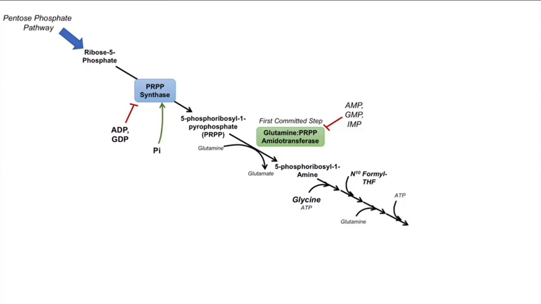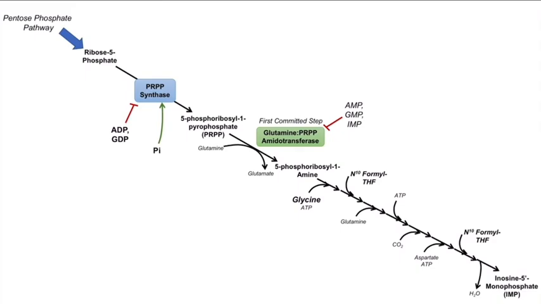Another step requires ATP. Another step requires CO2. Another step requires aspartate and ATP again. Another step requires tetrahydrofolate or a derivative again, all leading to a dehydration reaction and the production of inosine 5' monophosphate, or IMP.